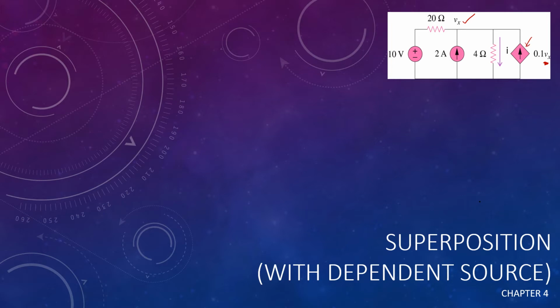You just keep the dependent source as it is and maintain where it is, and you follow the rules for independent sources, which is to turn on only one source at a time. Why can we not remove the dependent source? Because of the Vx here.